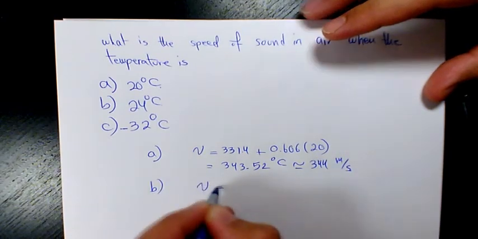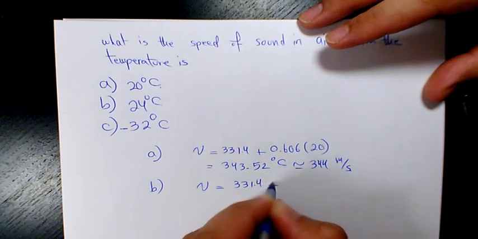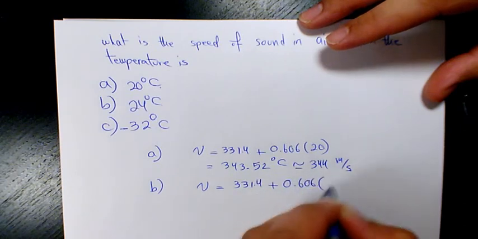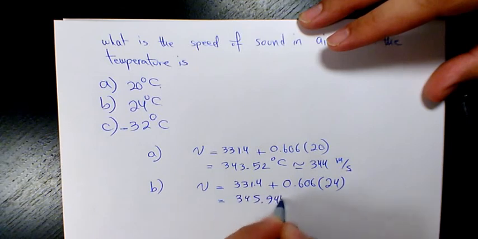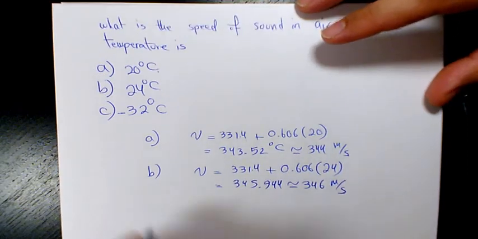B, V is going to be 331.4 plus 0.606 times 24. That is going to be 345.944, rounded to 346 meters per second.